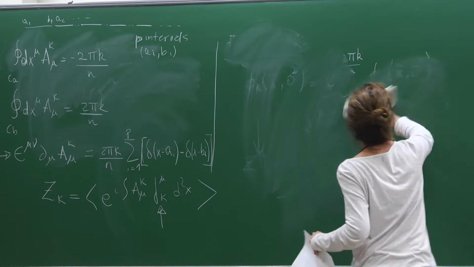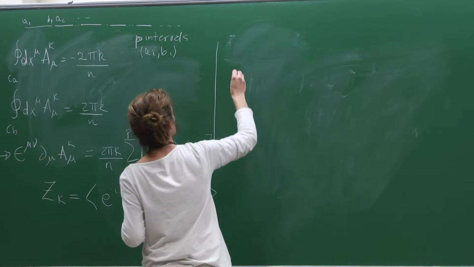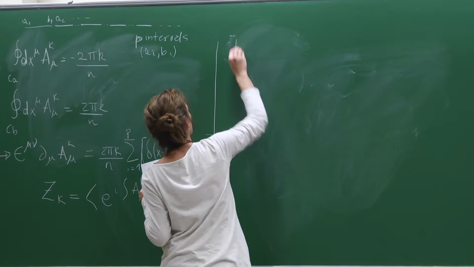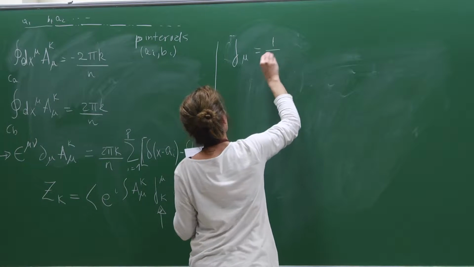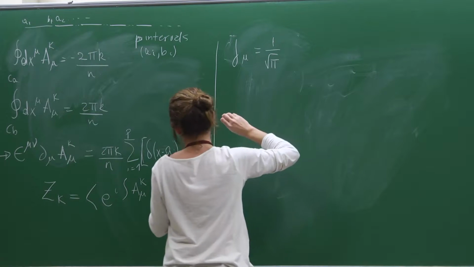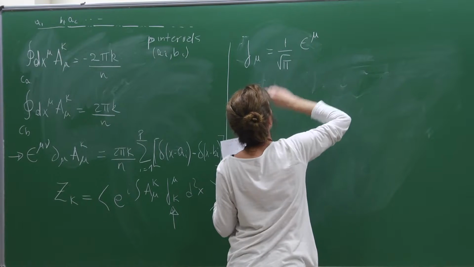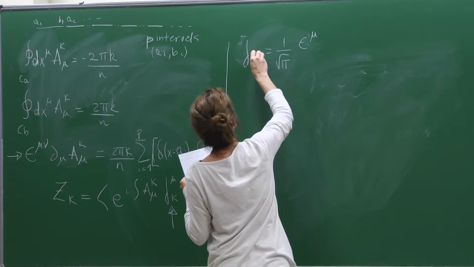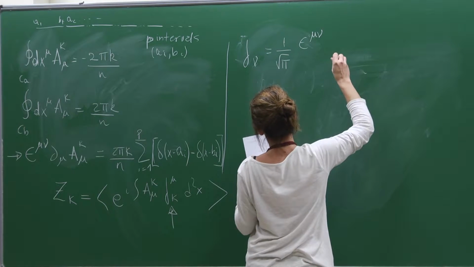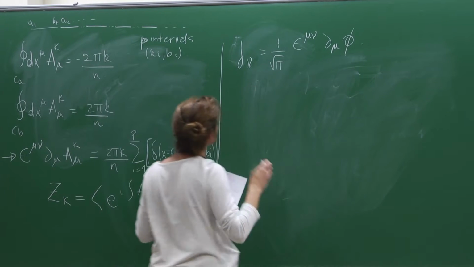So if you write this as, well, I'm not sure about this pi, but I believe it's mu, like this.